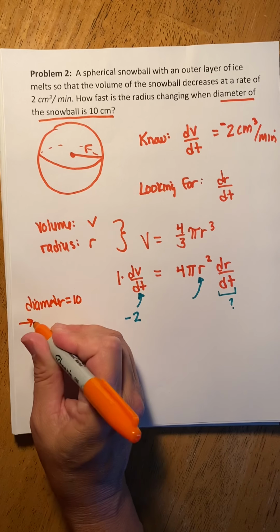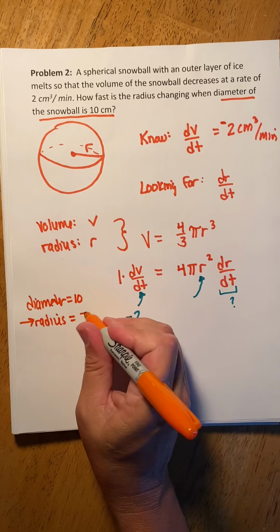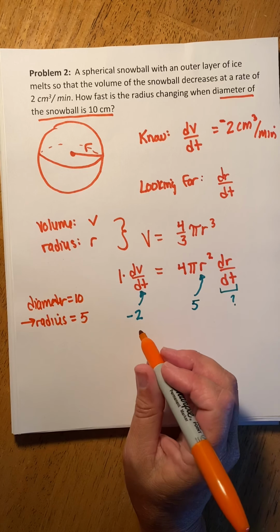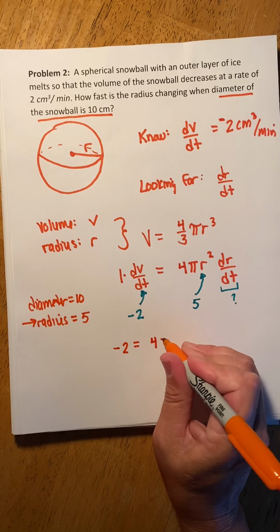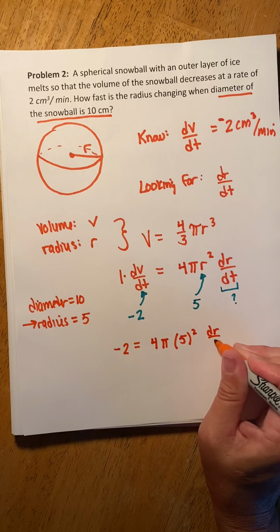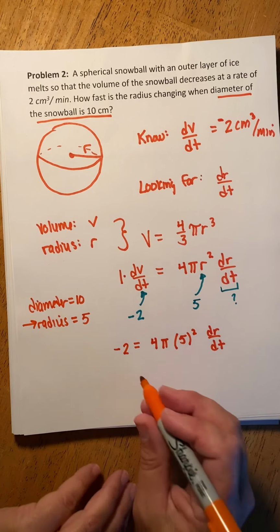So what's the radius that we need for our template? Well, the radius is half of the diameter, so that's going to become 5. So we get -2 equals 4 pi 5 squared times dr/dt. Right, we solve for dr/dt.